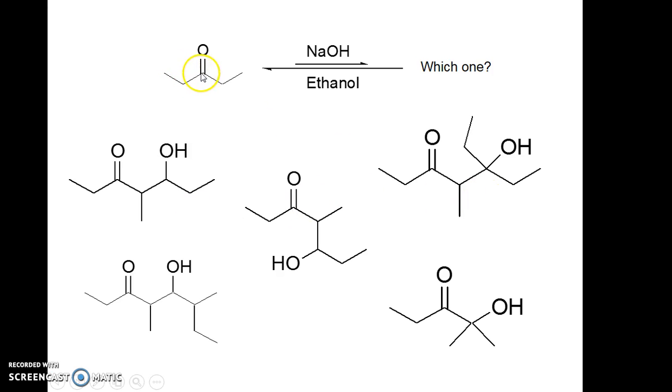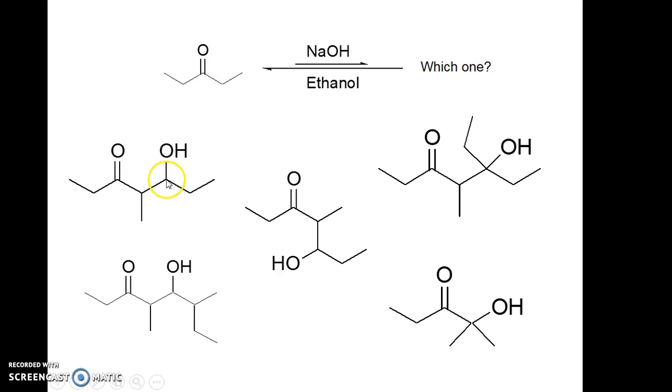I'm going to be looking for this compound with an adduct. All of these have that compound there. But what we're going to do now is chop this off. We're going to be showing the aldol condensation product before dehydration. So what you're going to have attached here is a carbon with an alcohol attached.